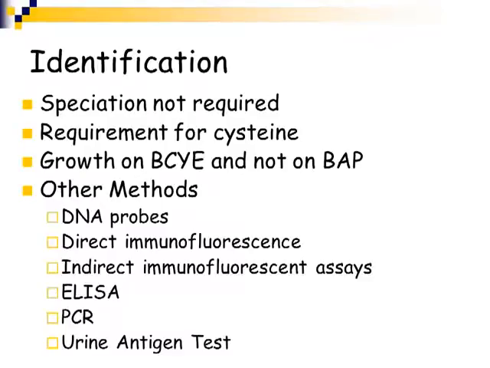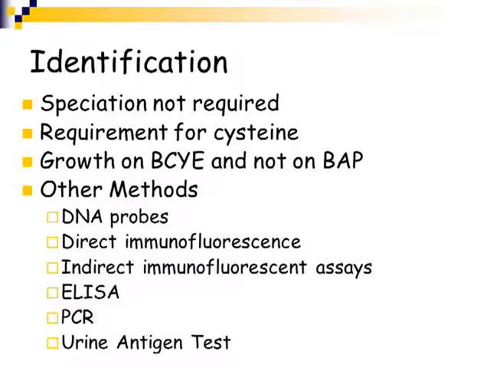Now, you don't have to speciate Legionella. If you isolate Legionella from a sputum specimen from an individual that has pneumonia-like symptoms, you know that this person has legionellosis and likely Legionnaire's disease, or possibly they could have Pontiac fever, but at any rate, you do not have to speciate it.